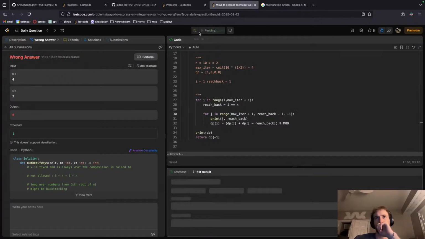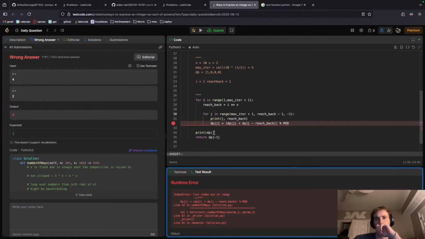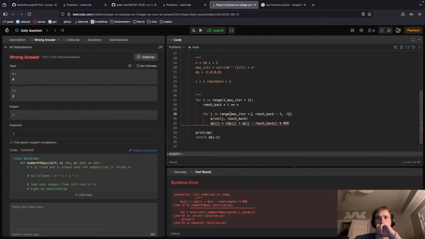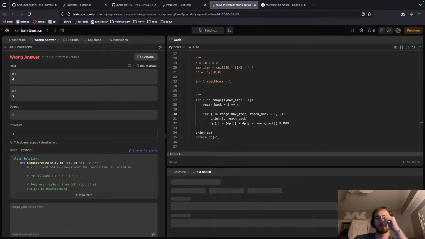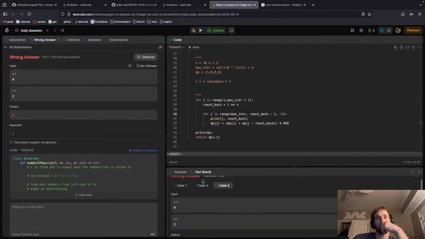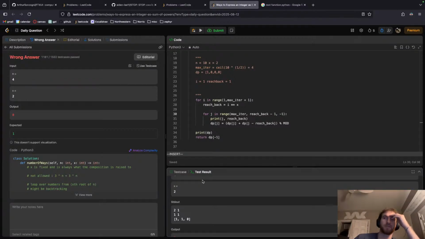B plus 1. No. So it's 2, 1. It should be able to reach back.